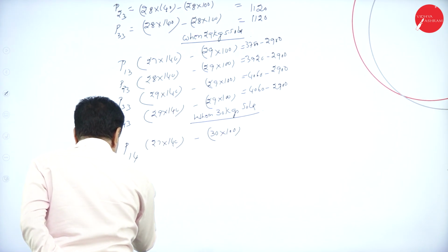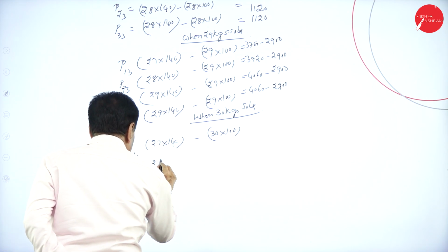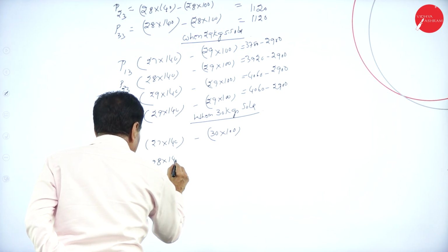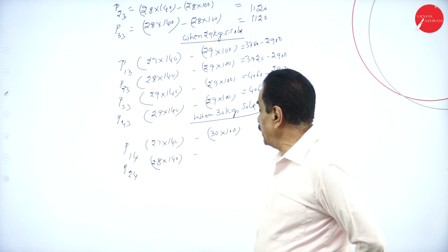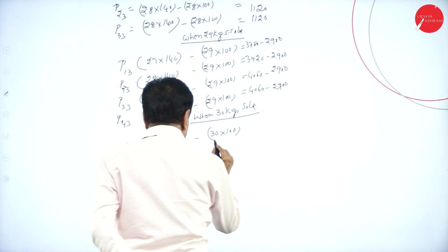P24, 28 into 140. Rotation system, we must be very careful here. 30 into 100.